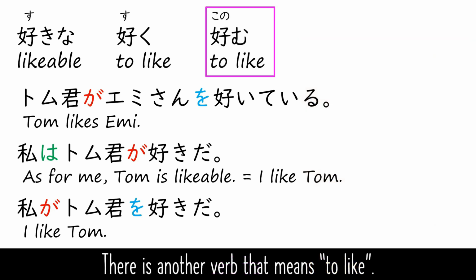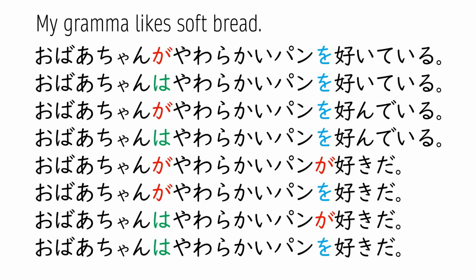There is another verb that means to like. 好む. So, my grandma likes soft bread could be expressed like these.